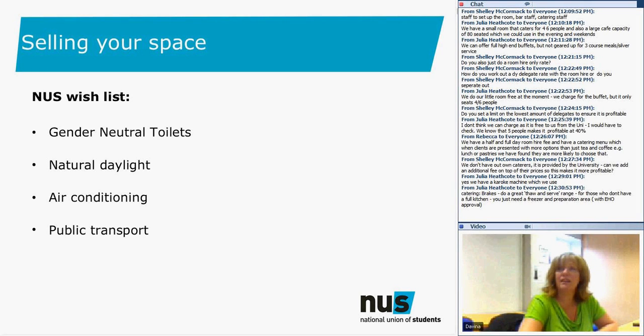Natural daylight. We love rooms that have got natural daylight, so do our delegates. It helps them not fall asleep in the afternoon when it's a little bit dark, as does air conditioning. Air conditioning, especially during the summer, certainly this year, is a real help. And ideally, public transport.